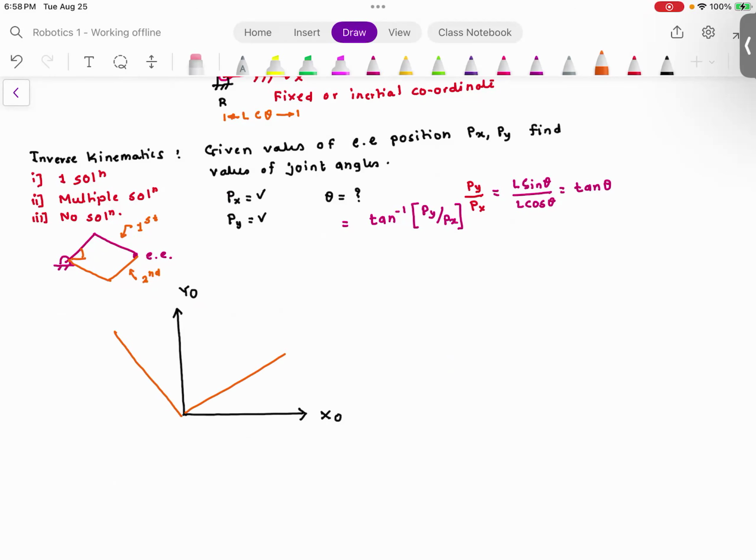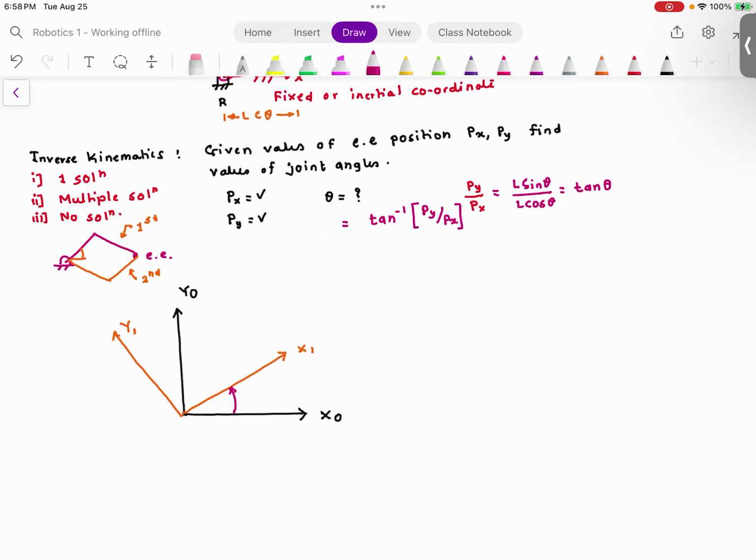So what you have is this coordinate system. This is x1 and y1. Now, please note what I'm trying to do. I'm going to find out the relationship between these two coordinate systems.